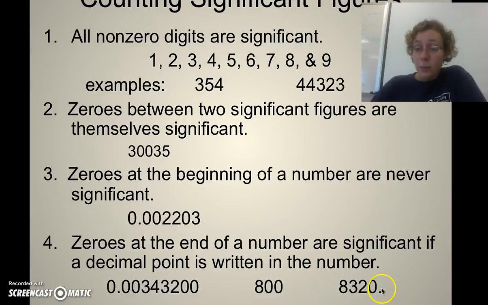We've got a decimal, so it's at the end of the number, meaning that this 0 is significant. So we have 1, 2, 3, 4 significant digits. Now, we didn't have a decimal here. We do here. So sometimes AP will put a decimal at the end of a couple zeros to indicate that those are significant values.